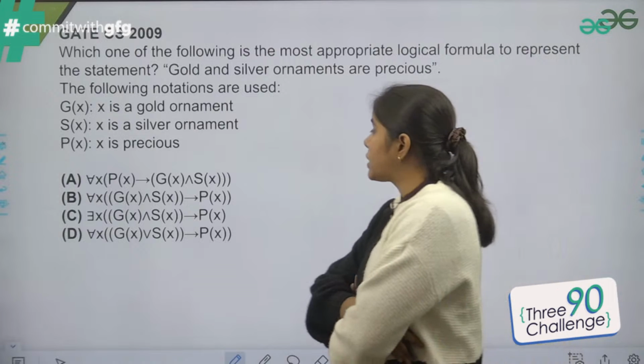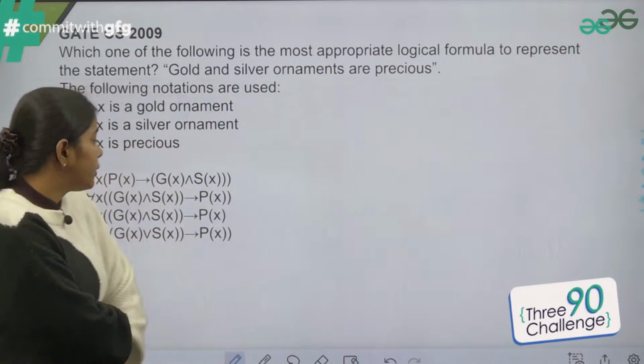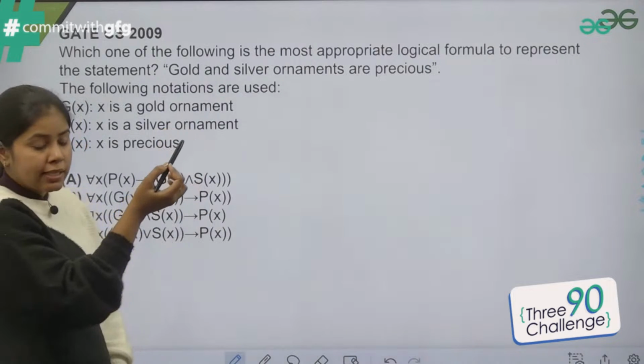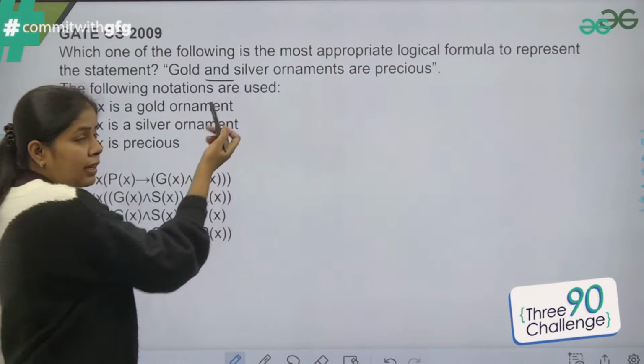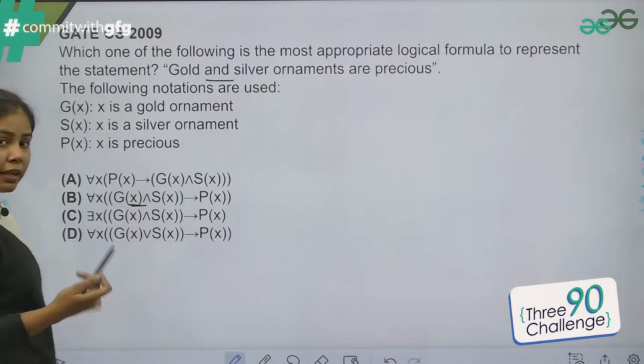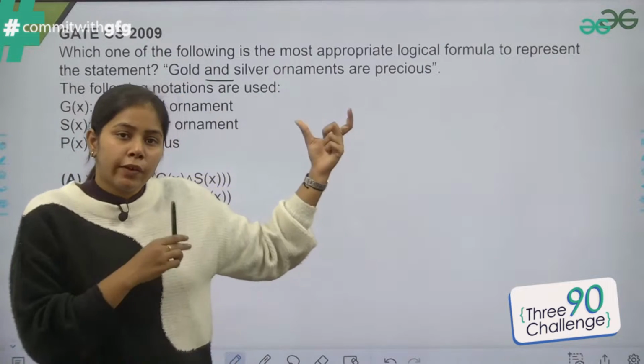So here if you will see, they are saying that gold and silver ornaments are precious. So sometimes what happens, student says that because there is and, so we can write down Gx and Sx implication Px, but that would not be true, because gold ornaments are precious and silver ornaments are precious.